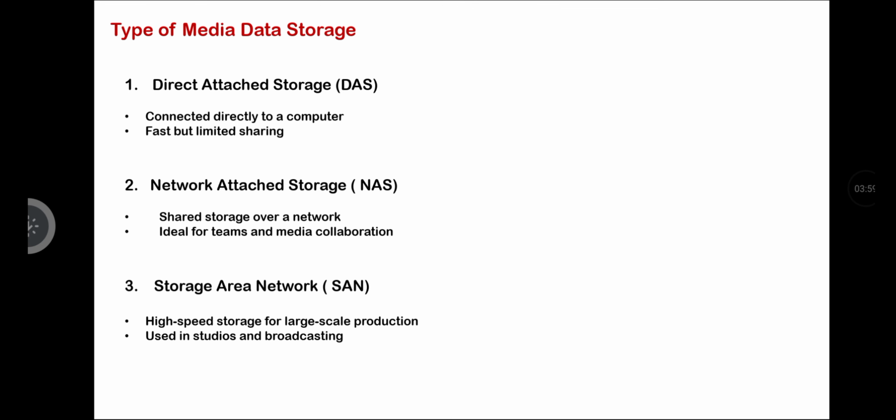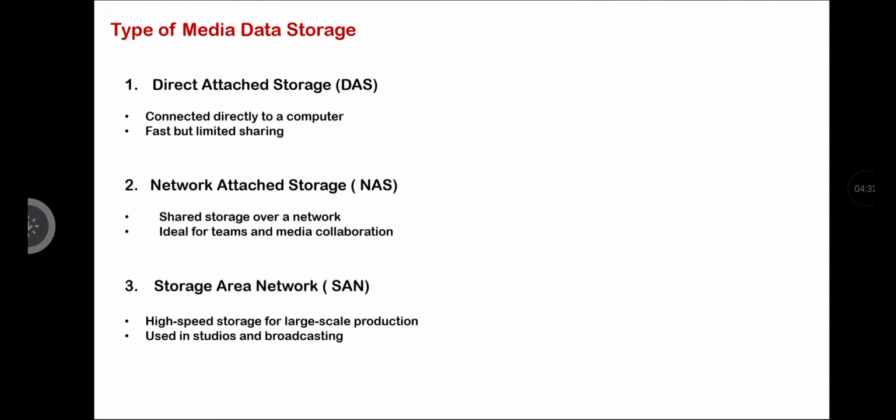So let's talk about the types of media data storage. We have three types of storage. One is direct attached storage, that is DAS. Second one is network attached storage, NAS. And the last one is storage area network, SAN. In DAS, it is connected directly to a computer, fast but limited sharing.